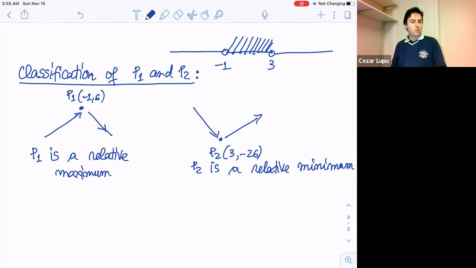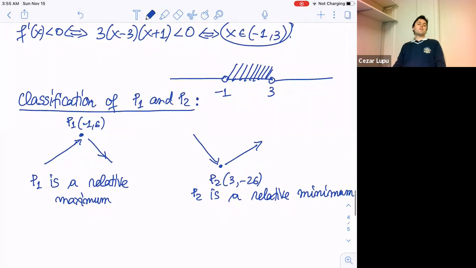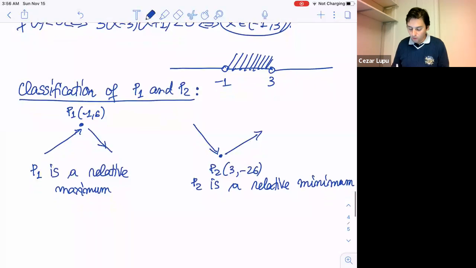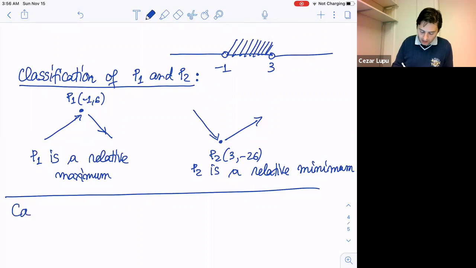Now let's postpone drawing the graph of this function. We'll draw it afterwards. All right, so this is basically the story with the first derivative test. And we would like to see now what happens when we deal with the second derivative test. But before we go and talk about that, let me just say something about concavity and inflection points.